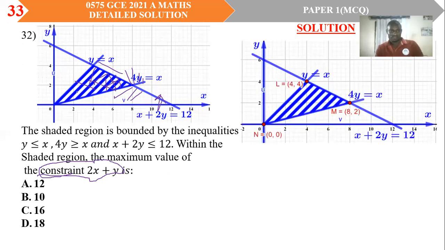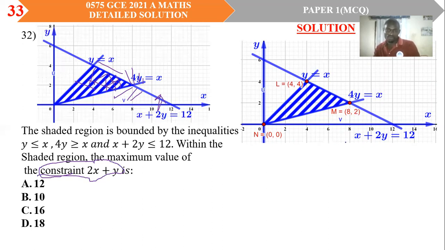Looking at the solution in this shaded region, the required region here, we sketch it and identify the points where the different lines intersect. We identify that this point L is (4, 4), this point N is (0, 0), and this point M is (8, 2).